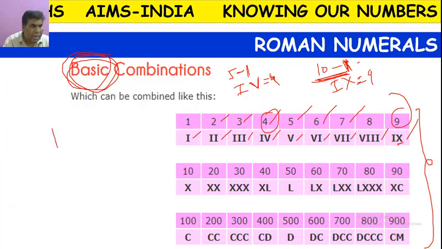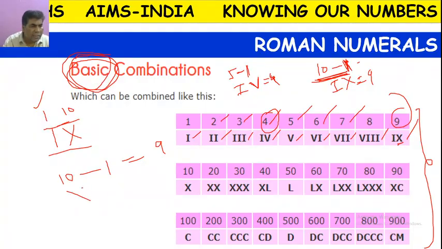If they write IX, what is the value of I? I value is 1. What is the value of X? X value is 10. What is coming first? The smaller number is coming first. So then we have to subtract, the smaller from the bigger number. So this value is 9.